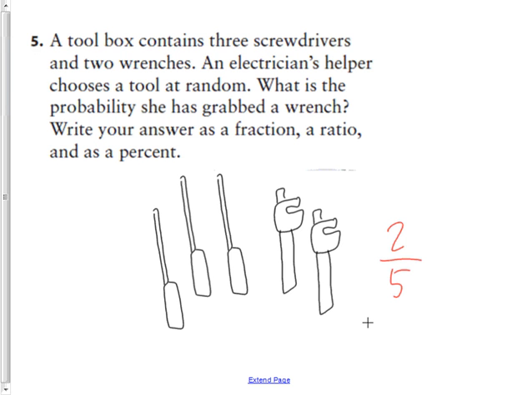He's looking for a wrench, and there are 2 of them out of 5 possible tools. As a decimal, that would be 0.4, and as a percent, that would be 40%. Why? Because 0.4 is 4/10, and 4/10 is really 40/100ths, and 40/100ths is 40%. Any questions with 5? We're good?